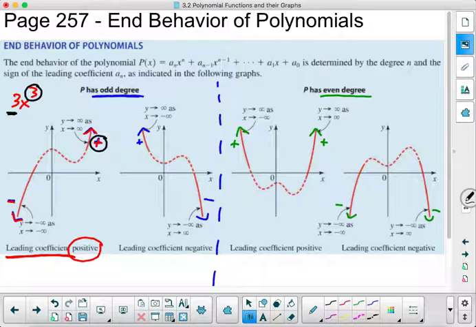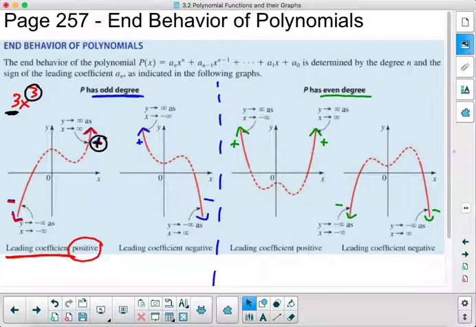So because it's an odd degree, I gotta change from negative to positive or positive to negative, but because my leading coefficient, this number in front of my x, is positive, that tells me I'm gonna end on a positive note. I really hope today that you are a positive leading coefficient, so no matter if your day was good or bad, you're gonna end on a positive note today, whatever it might be.